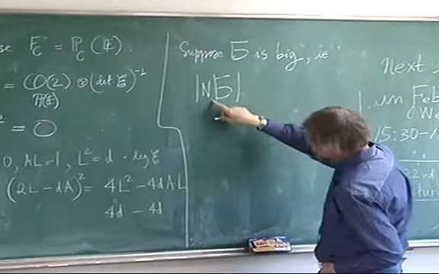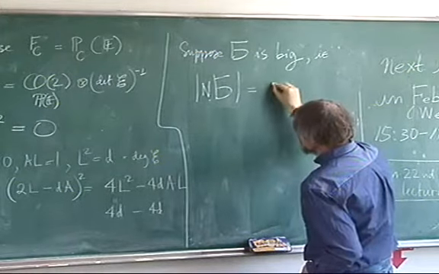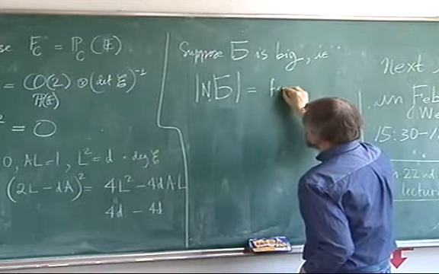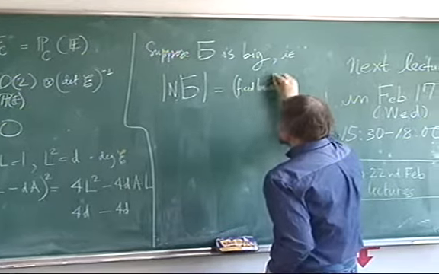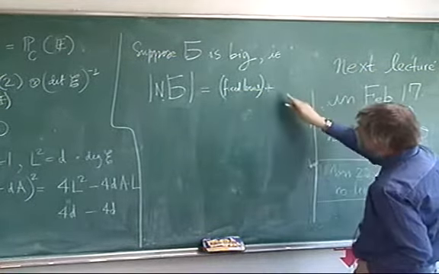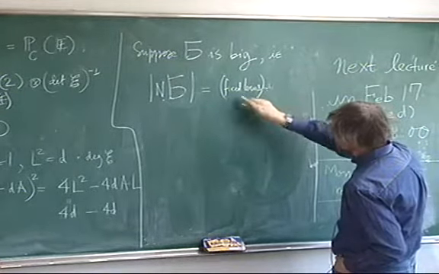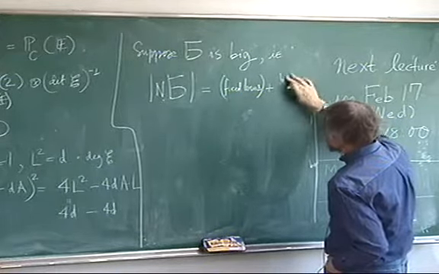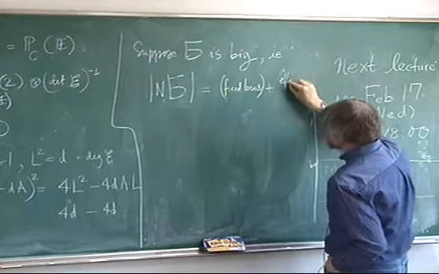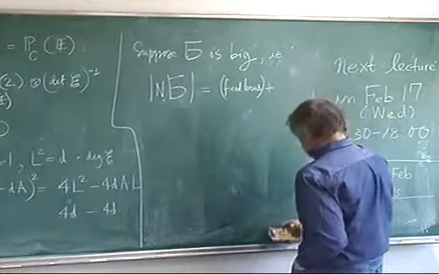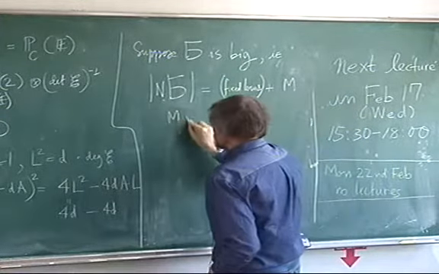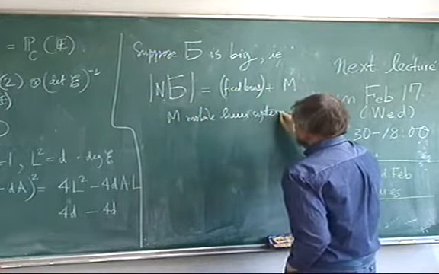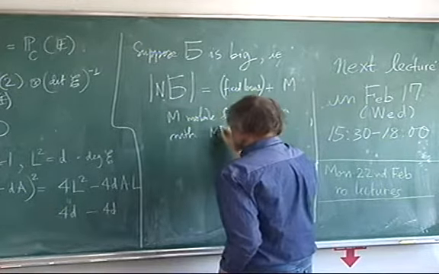I take the linear system corresponding to this divisor nB. It has a fixed locus, a fixed part, plus a mobile linear system M with M squared positive.